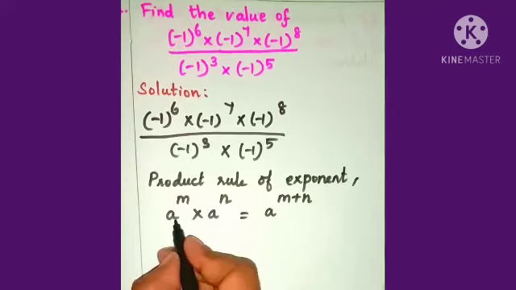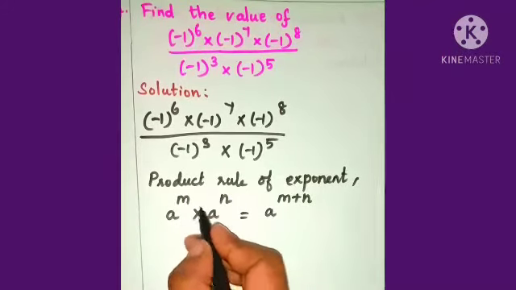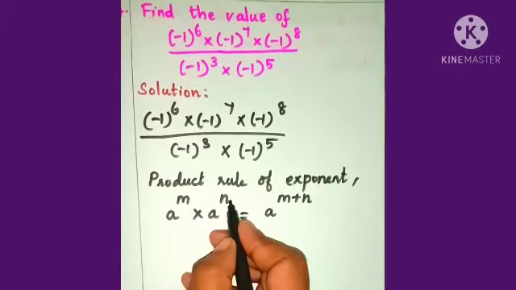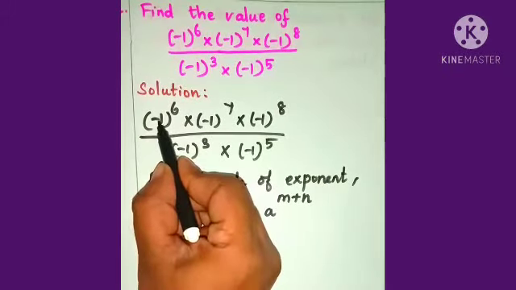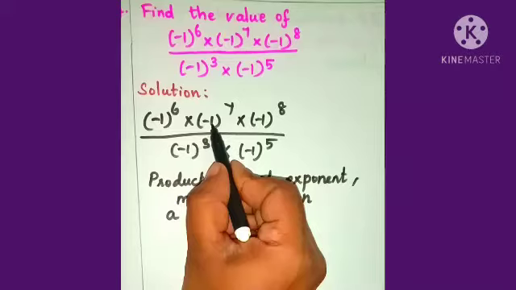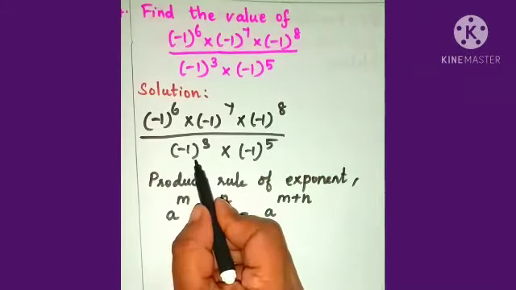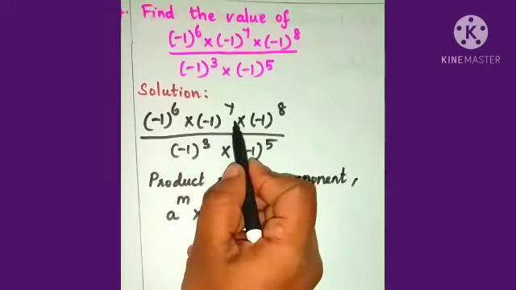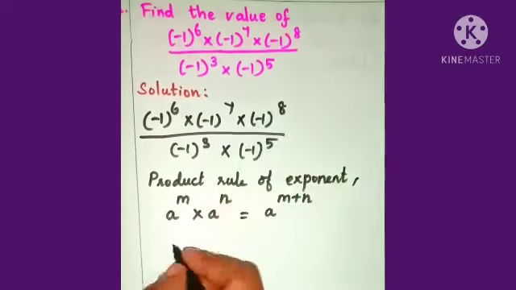And here when the bases are same, we can add the exponents or powers or integers. Here in the numerator, the bases are same, as well as in the denominator the bases are same. So we can add the exponents.